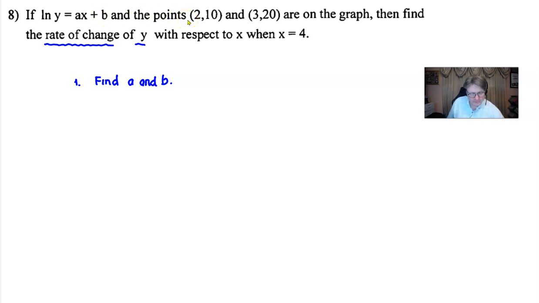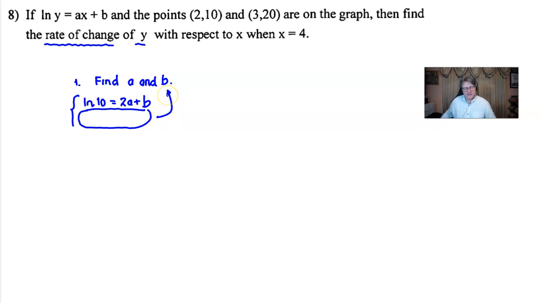But you know a relationship that does exist at the point (2, 10), right? Well, it turns out that there is another relationship that you can find using maybe another point somewhere else in the problem. And that together should enable you to find your a and your b. And I would just say express those as decimals.